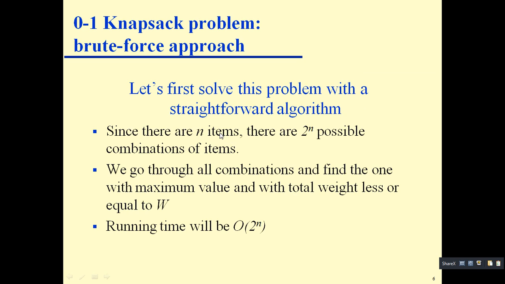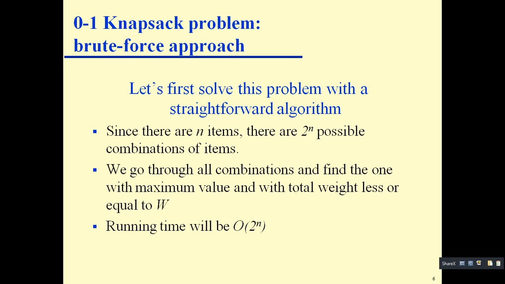So now, before going to the dynamic programming approach, let me solve this knapsack problem by using some brute force kind of algorithm, right? So in a brute force kind of algorithm, we just follow the traditional method, means we try all the possible solutions, then out of all the possible solutions we select the optimized solution.